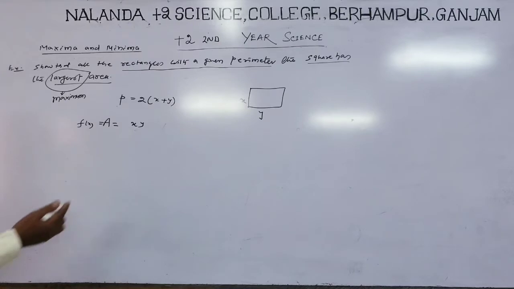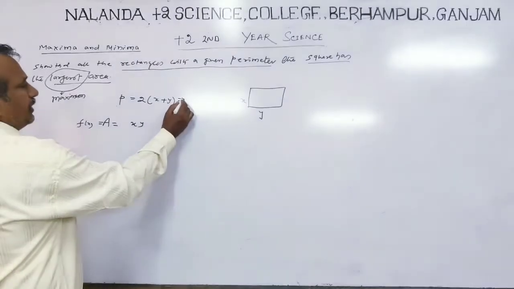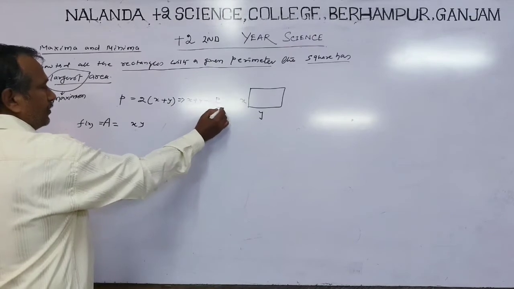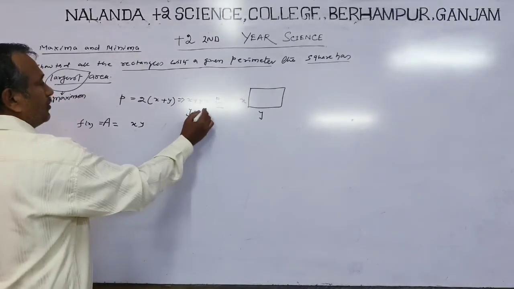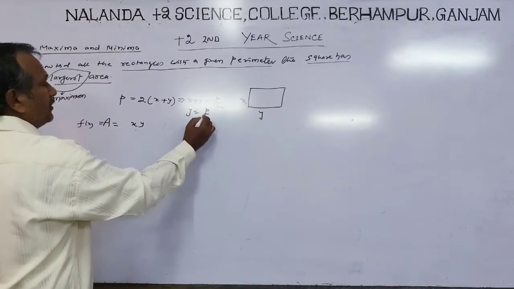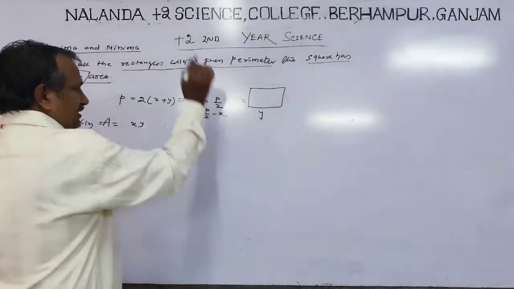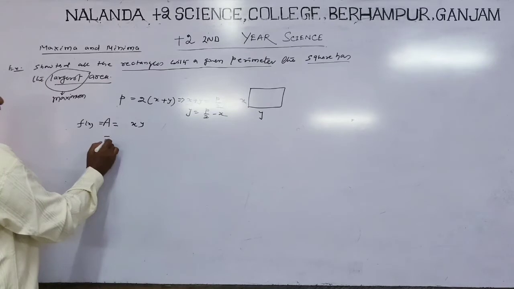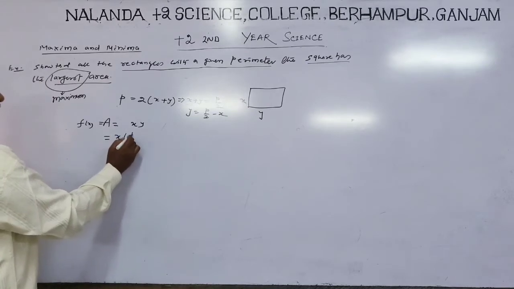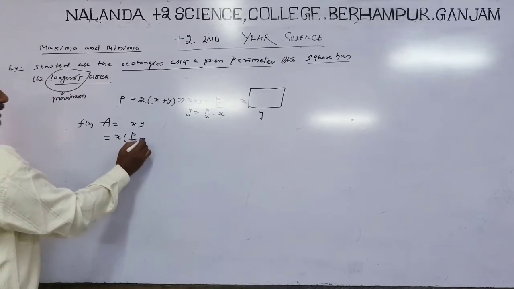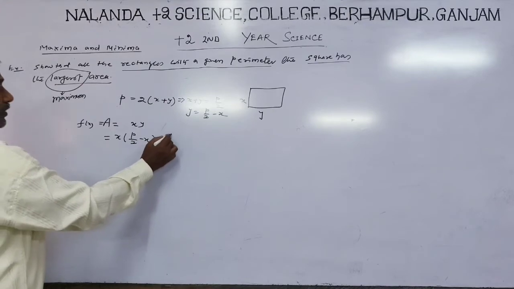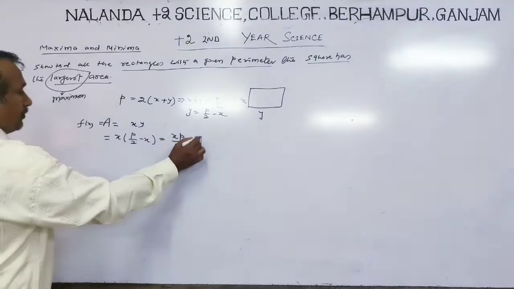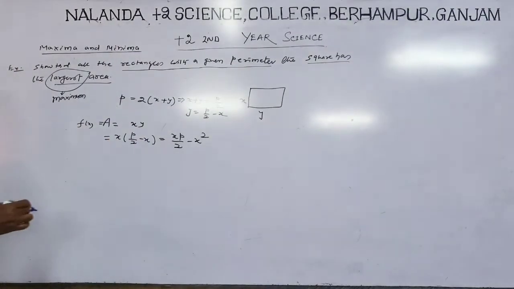Okay, so you can write here x plus y equal to P by 2, or y equal to P by 2 minus x. Okay, now you substitute: x into y means x into (P by 2 minus x), or x P by 2 minus x square.